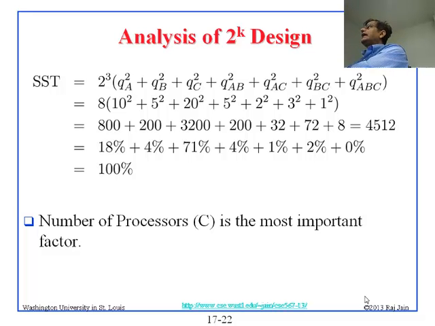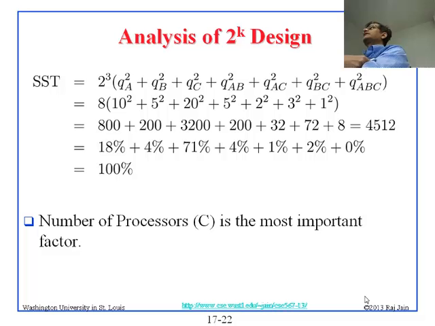Okay, and this is the division of the total variation. 800 is by A, 200 by B, 3200 is by C, 200 is by AB, and so on and so forth. If you write that by percentage, then 18% is explained by A, and 71% is explained by C, and so on.